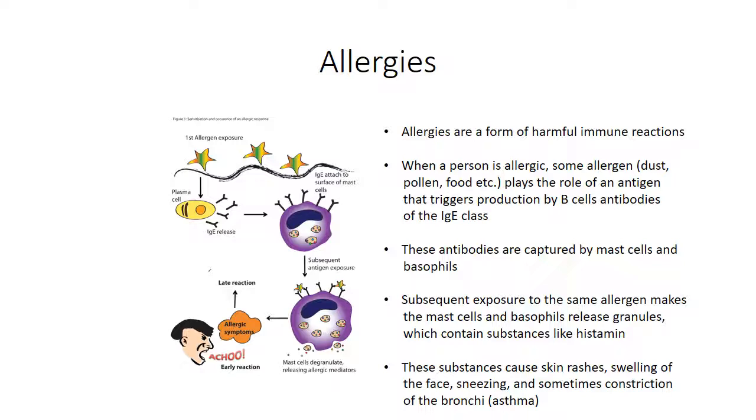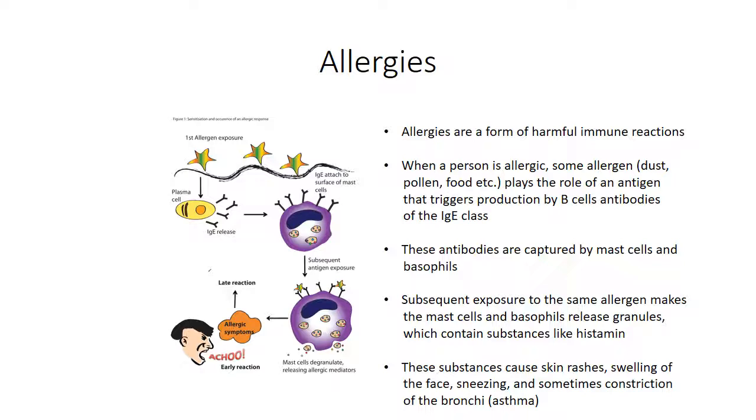Then it doesn't mean that they produce these. Only B lymphocytes can produce antibodies. Mast cell cannot produce even one molecule of antibody. So basophil, same thing. But they capture, trap IgE antibodies secreted by plasma cells. And then suddenly you are attacked by the same allergen again.